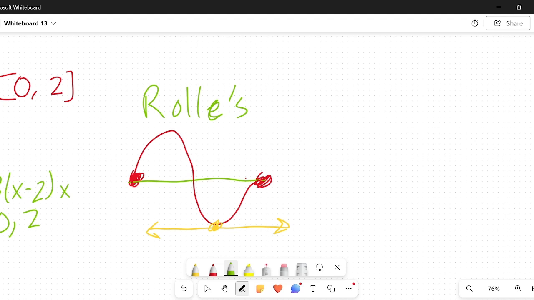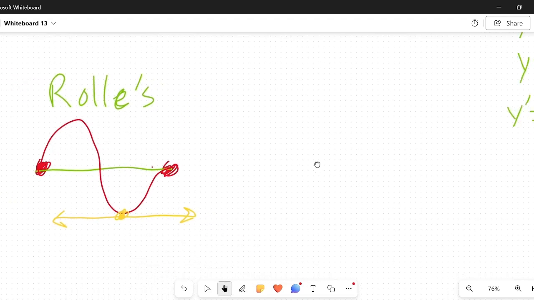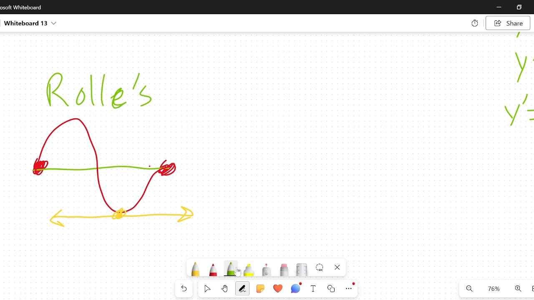Rolle's theorem is actually a part of the mean value theorem, but the mean value theorem is something very similar, right? So what MVT tells us is that if we have 2 points, these 2 points will have some average slope, like so.